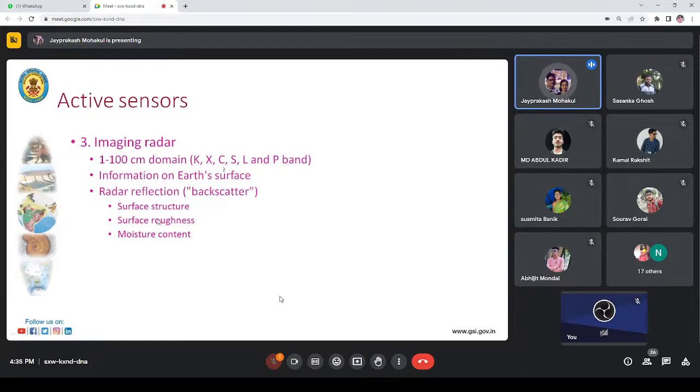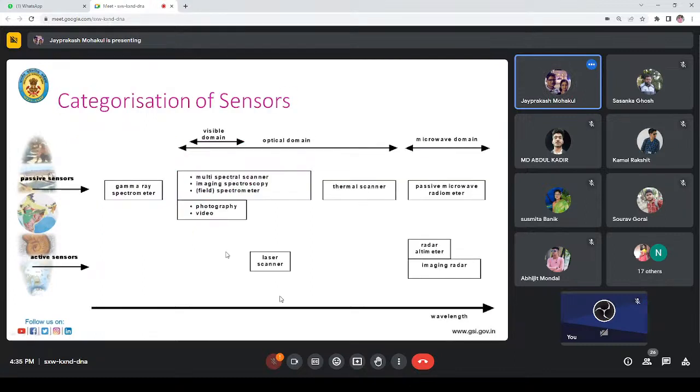You send a signal in some range of either K, X, C, S, L, or P band, and receive back the signal. Radar reflection is basically backscatter. It depends upon the surface structure, surface roughness, and moisture content. So this is the way you can compute the surface structure, and have an idea about the surface roughness and the moisture content.